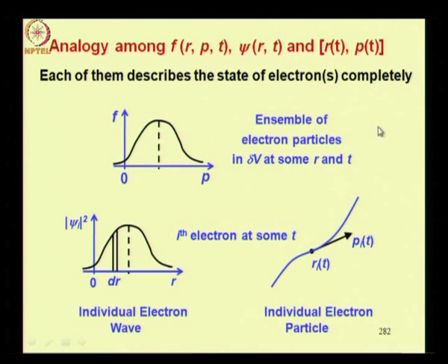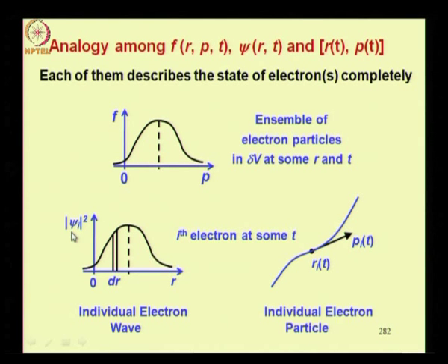Now we explained the analogy among the distribution function f, the wave function psi, and the method of classical mechanics in which the state of a particle is described in terms of the position and momentum combination. Now each of them describes the state of electrons completely. So the distribution function describes the state of an ensemble of electron particles in delta V at some position and time.